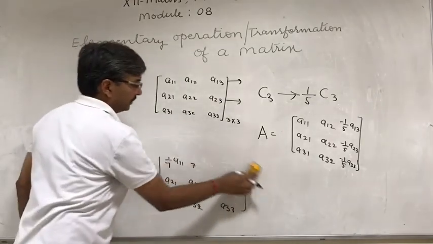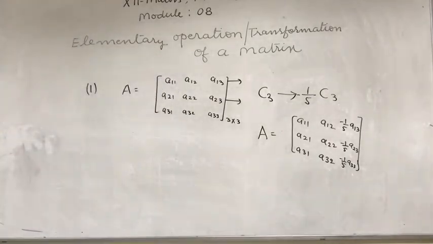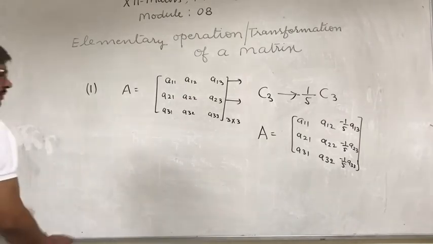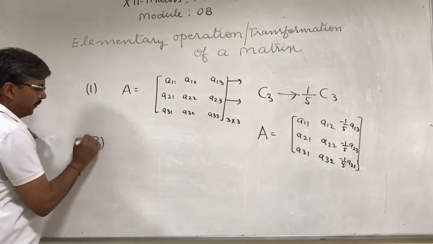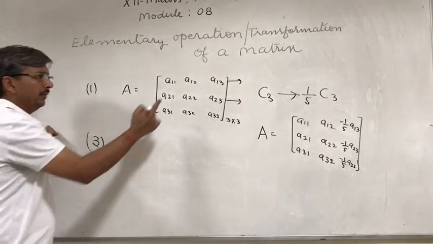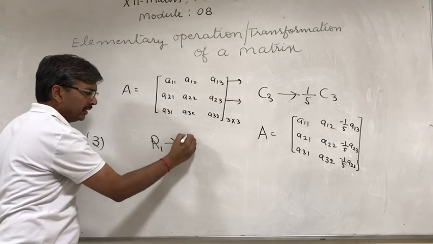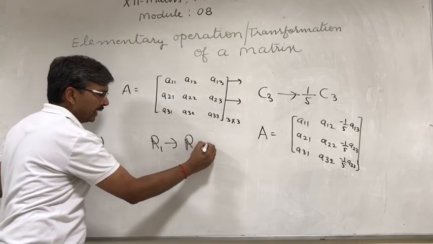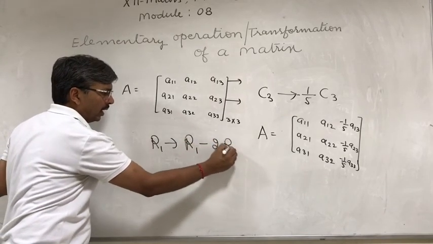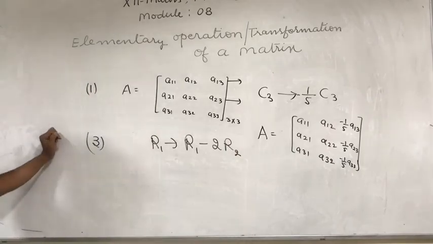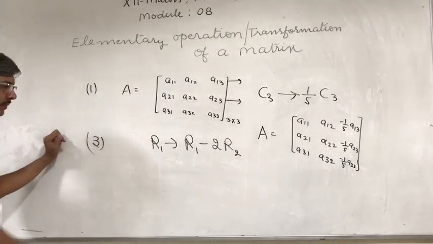Third operation is, if we want to change R1 change to R1 minus 2R2. Then see how we will apply this.